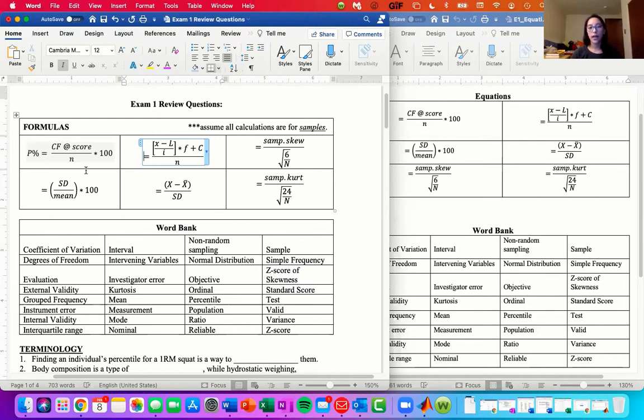Or if you have a simple frequency distribution where your data are discrete, like the pull-up examples where it was 3, 4, 5, 6, 7 with no decimal values mixed in, you could just calculate cumulative frequencies like we've done before.